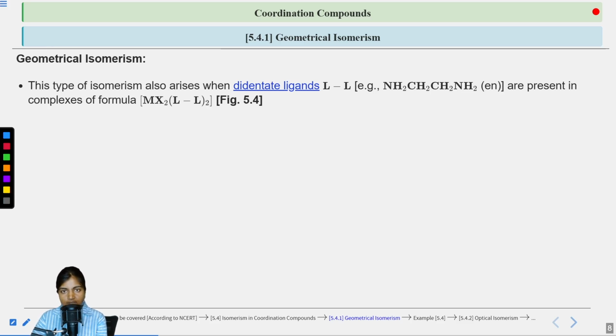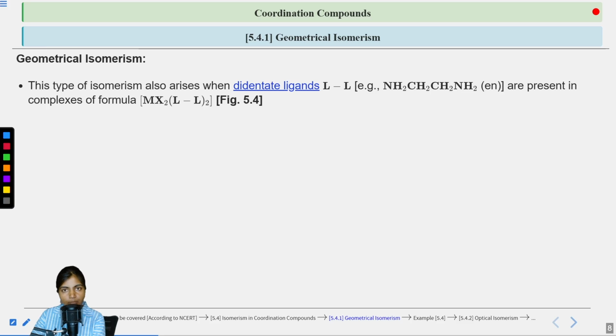type LL, for example NH2CH2CH2NH2, that is ethylene diamine, where the terminal nitrogens are going to act as the donor atoms. So when the complex has a didentate ligand, of formula MX2(LL)2, then this can also show geometrical isomerism.